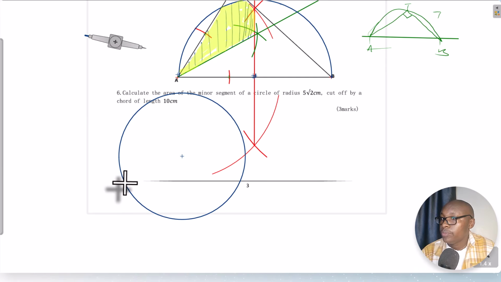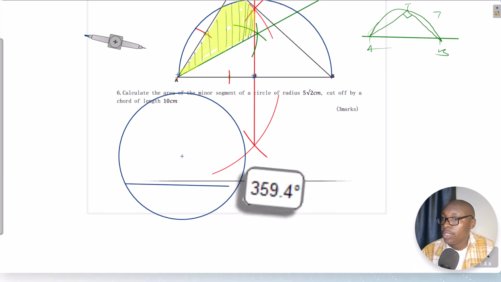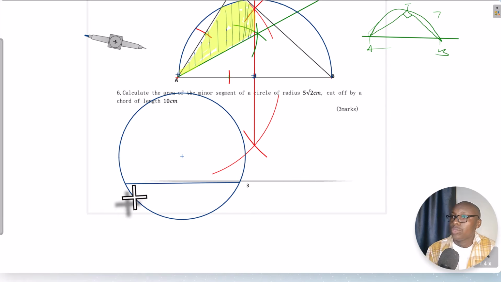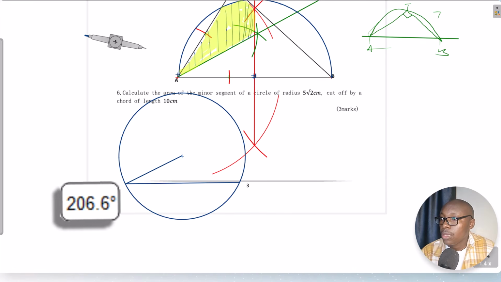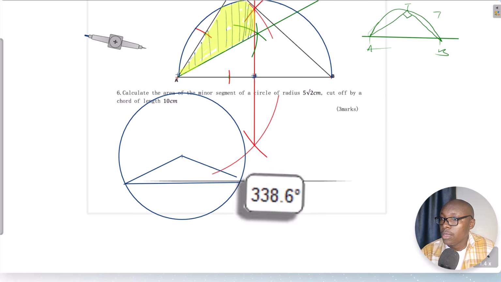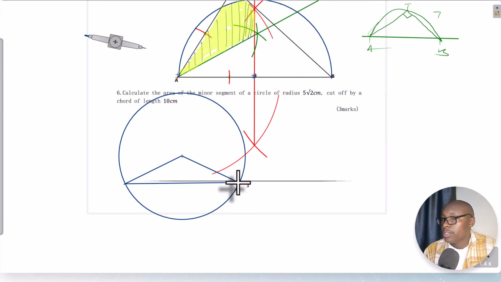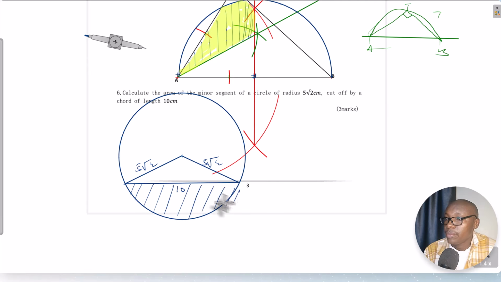Say the chord is here, and there should be the radius, which is 5√2. And then this chord is supposed to be 10. So you're supposed to find the area of this segment.